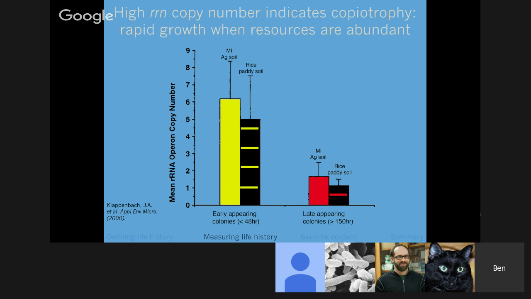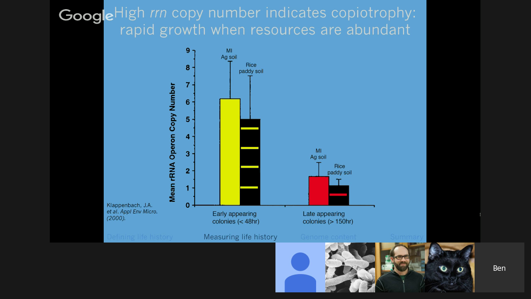So what they showed with a simple soil plating experiment was to take a soil bacterial community, dilute it, and plate it on nutrients, so you're going from a relatively nutrient-poor condition to a relatively nutrient-rich condition, and just observe the appearance of colonies over time, and then measure how many ribosomal RNA genes are present in those organisms' genomes.